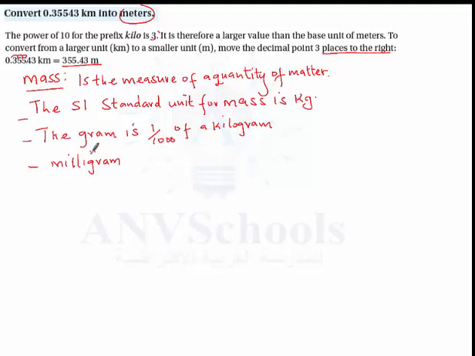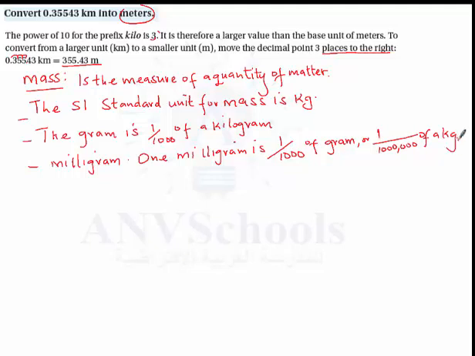So 1 milligram is one thousandth of a gram, or one millionth of a kilogram. So this is how these things are converted.